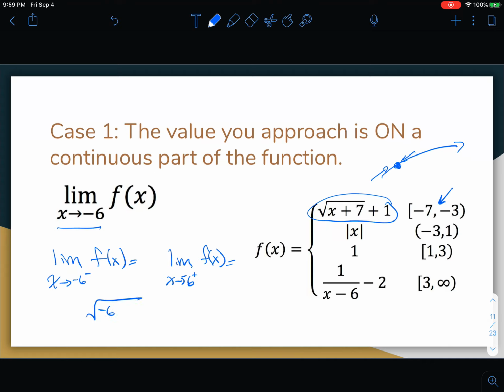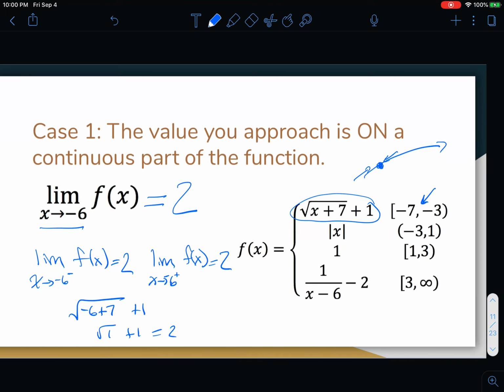So I take -6 plus 7 under the radical and add 1. Square root of 1 plus 1 is 2. So now I can say the left and right are both going to approach that exact same value, and since they're the same, our two-sided limit is the value of 2. So this is for a continuous part of the function.